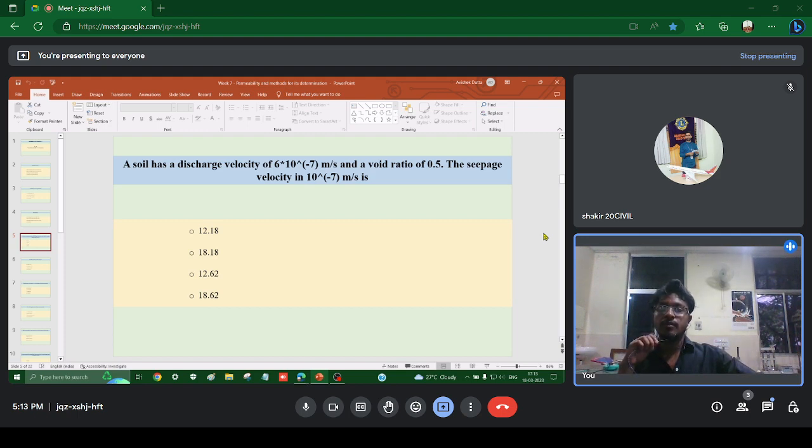The soil has a discharge velocity of 6 into 10 to the power minus 7 meter per second and a void ratio of 0.5. The seepage velocity in 10 to the power minus 7 meter per second is, the options are 12.18, 18.18, 12.62, and 18.62. Next question.